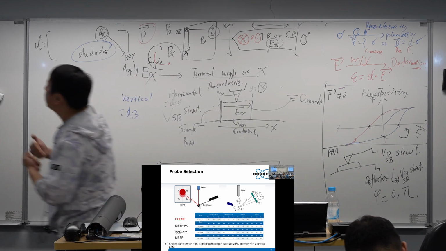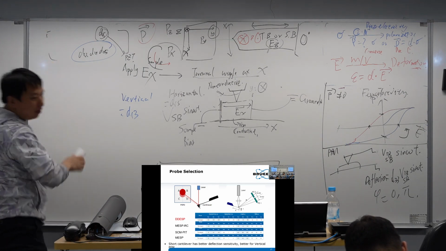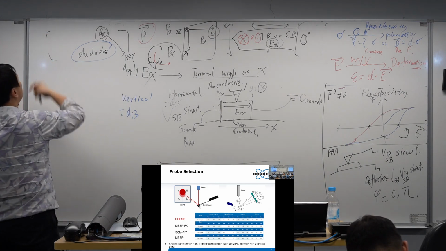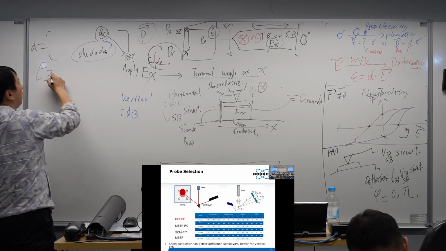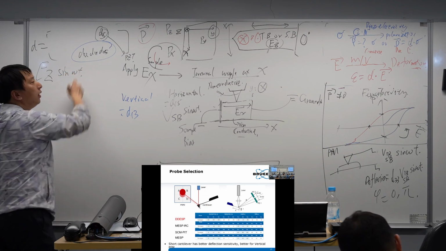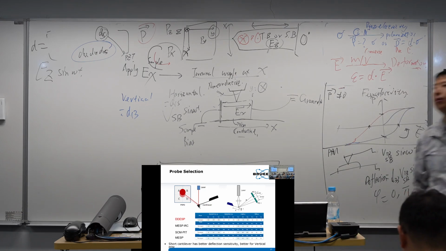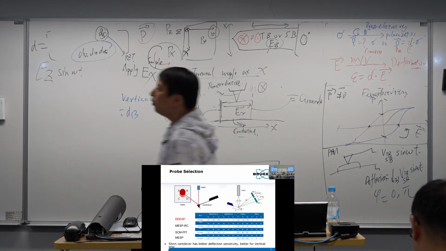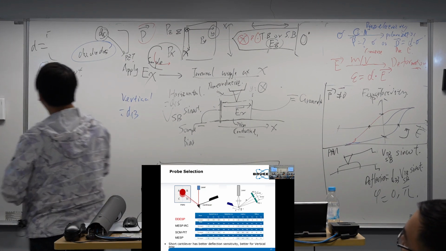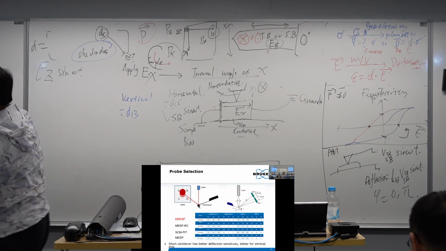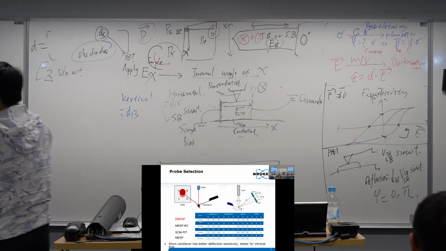Now the probe selection. If we want to apply a Z direction electric field, our probe has to be conductive, so that we can establish a Z direction electric field. We usually coat the probe with some metal.